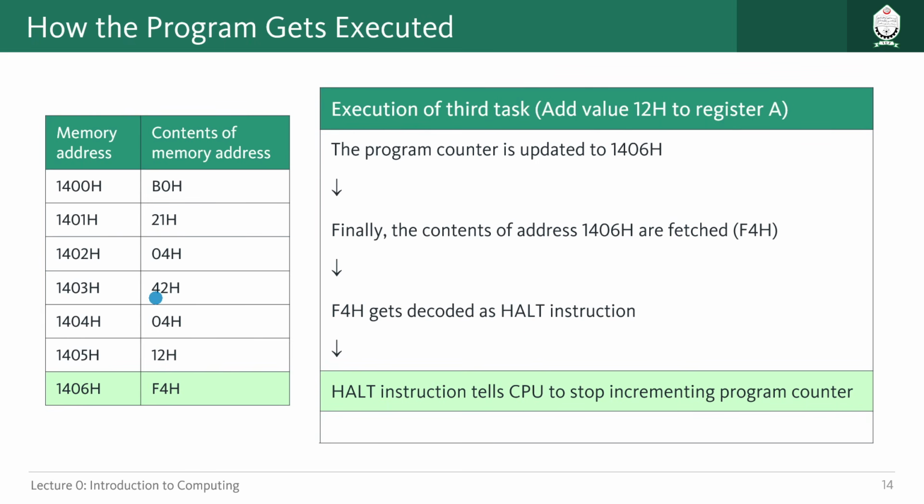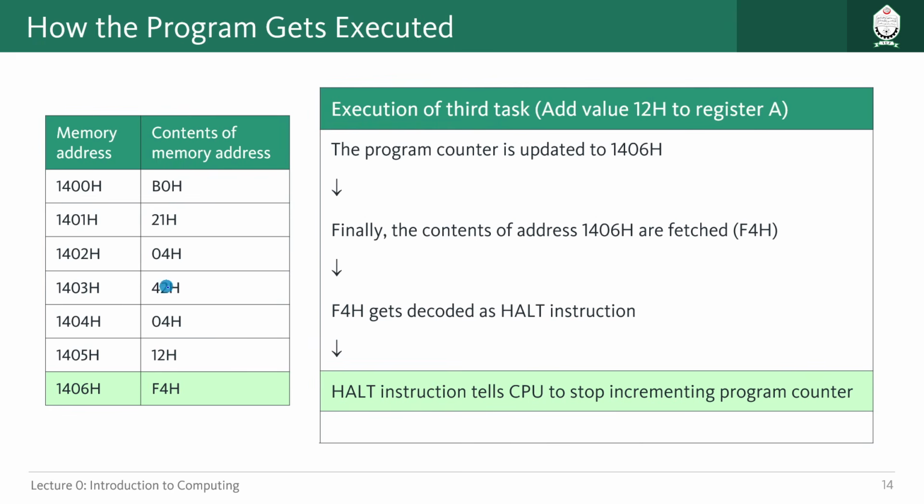So at the end of this lecture, let us discuss a scenario where 1403H contains the value 04H instead of this 42H. We know that 04H is actually a code, not data, right?